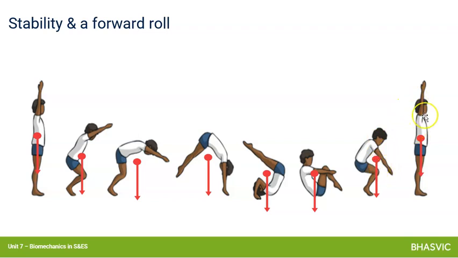And that extension, the arms going up and our body straightening up, slows the rotation, removes the rotation actually, and eventually, hopefully, we can stop with the centre of mass above the base of support again. Sometimes if you're rotating too much, you might topple forward. So it's all about control, changing our body position, eccentric force to create angular rotation, rolling around that centre of mass, and then controlling our rotation to stop the forward roll.